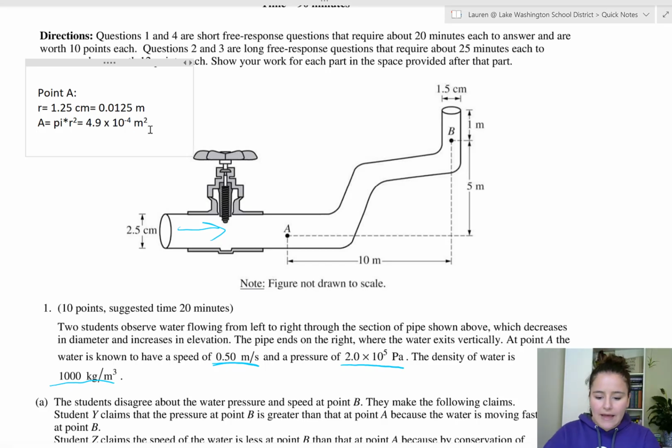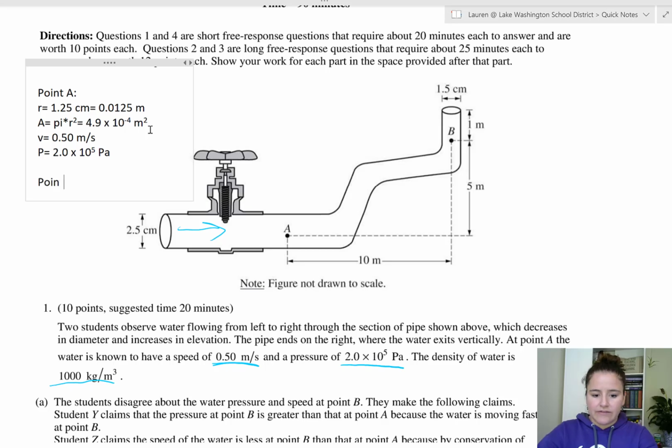Okay. And then what else do we know at point A? The speed of it is 0.50 meters per second, and its pressure is 2.0 times 10 to the 5th pascals.